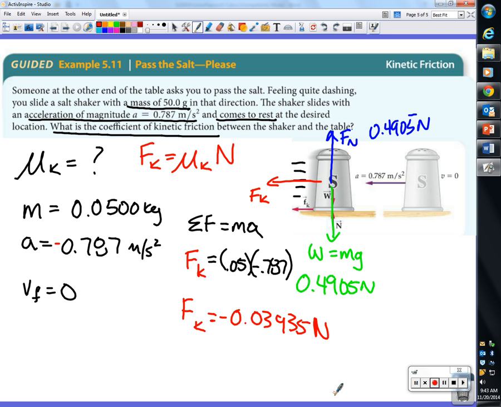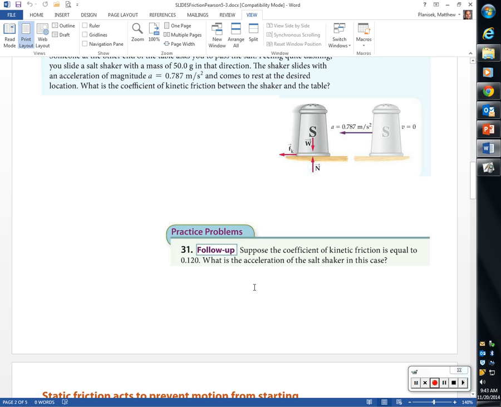So from a conceptual standpoint, even though we didn't actually work out the problem, if we change the coefficient of friction to 0.12, the acceleration of the salt shaker will be increased, but still negative, meaning that it will slow down faster, and therefore it won't make it all the way to the end of the table where you want it to go.